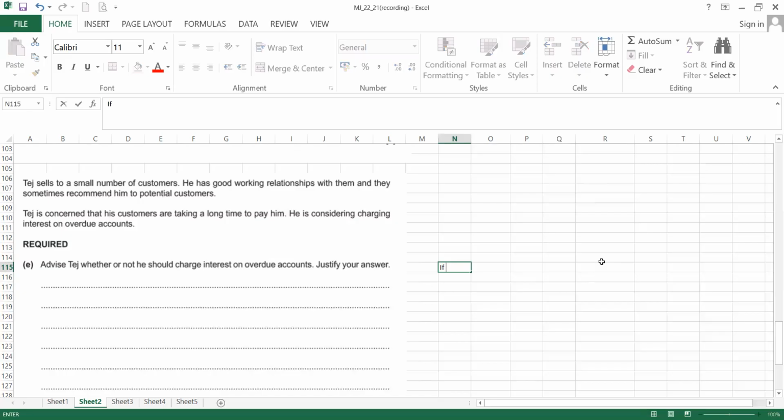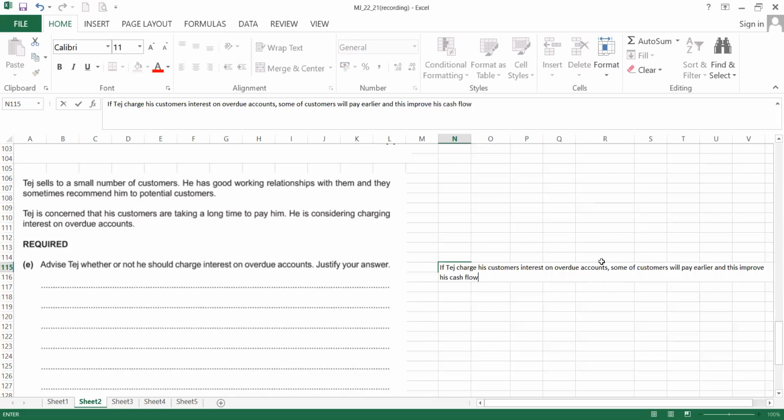If TJ charges his customers interest on overdue accounts, some customers will pay earlier and this improves his cash flow.